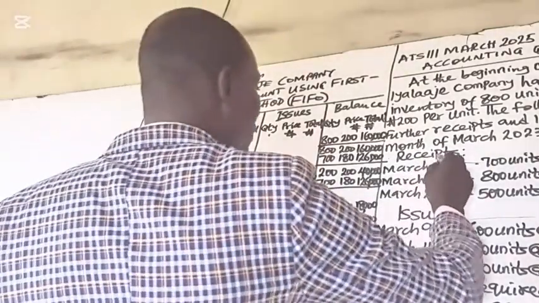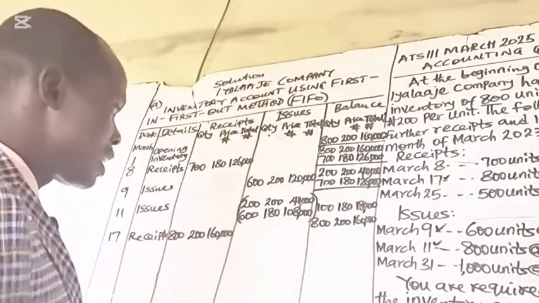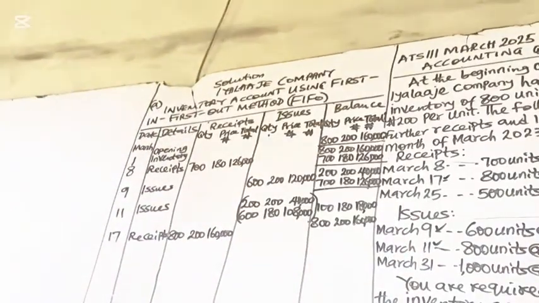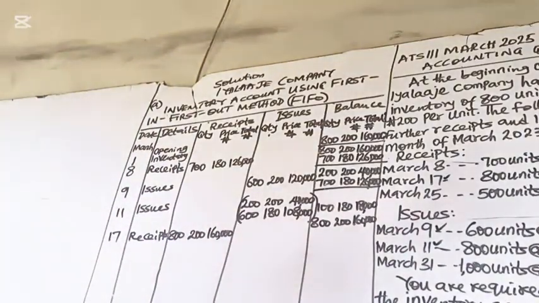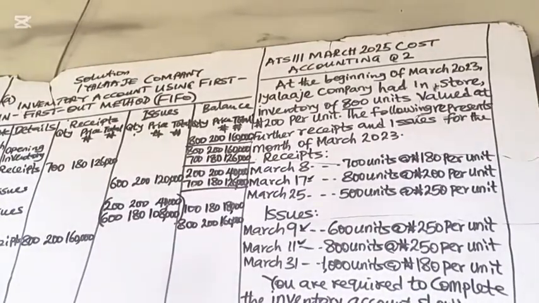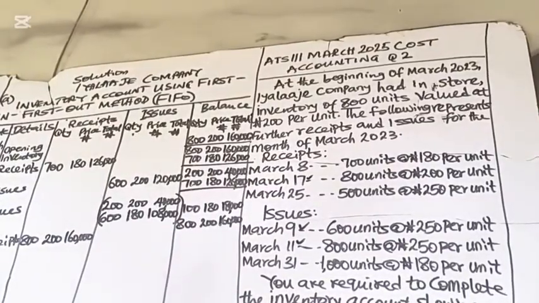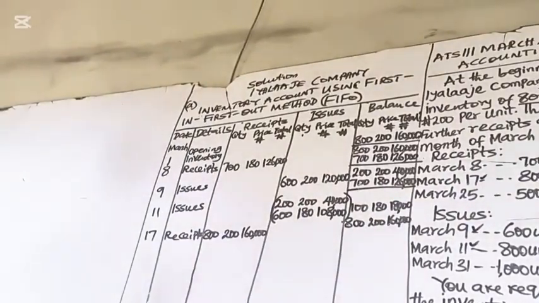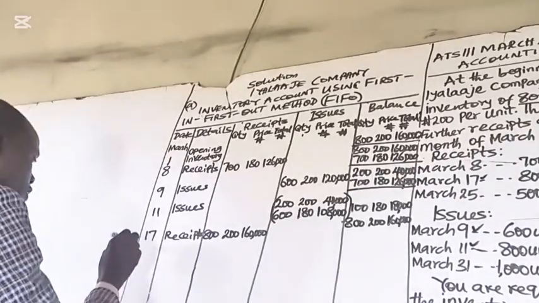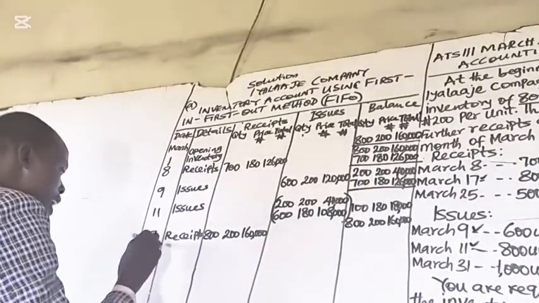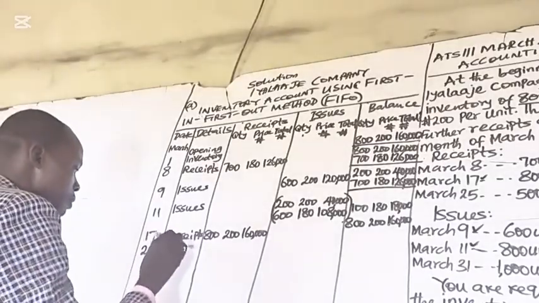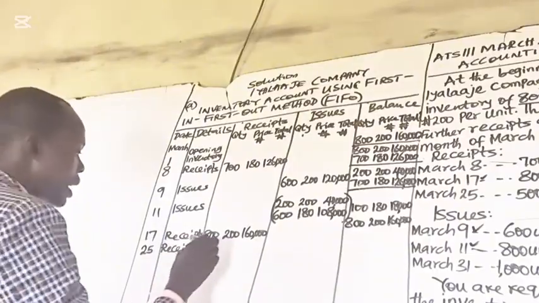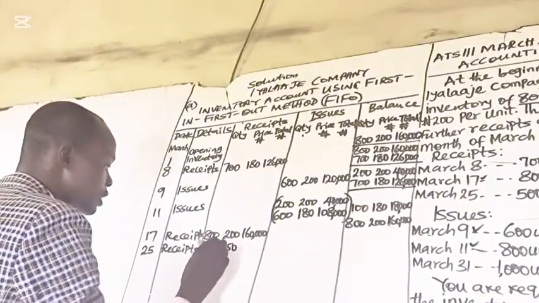After 17th of March, the next date is 25th of March. On the 25th of March, you receive additional 500 units at the price of 250. On the 25th, you have receipts. 500 units at the price of 250.